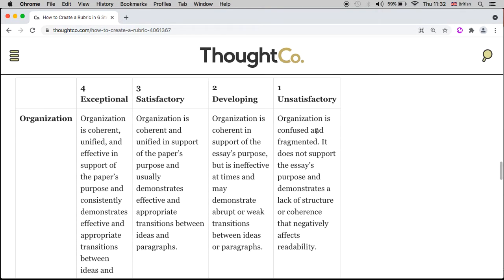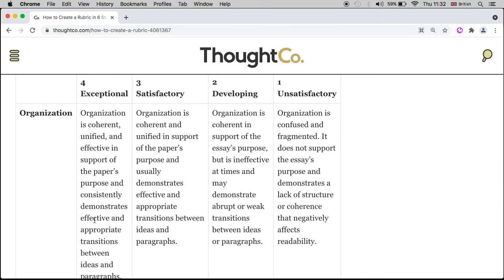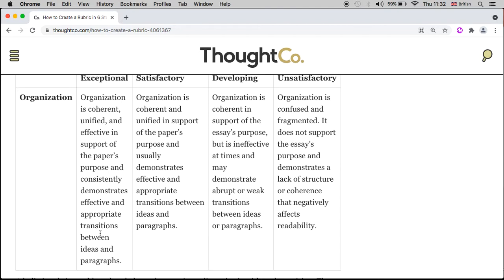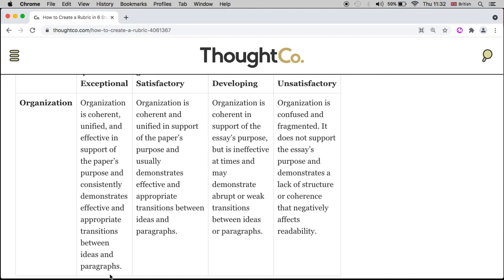So for example, for organization, when would something be exceptional, highest to lowest? When organization is coherent, unified, and effective in support of the paper's purpose, and consistently demonstrates effective and appropriate transitions between ideas and paragraphs. And then the satisfactory level, we see parallel language.